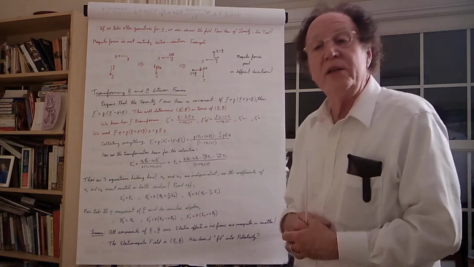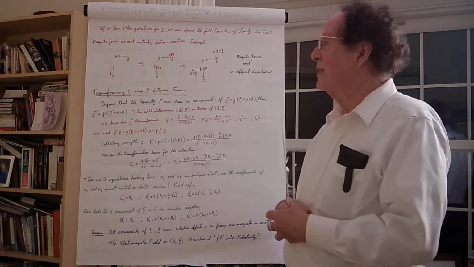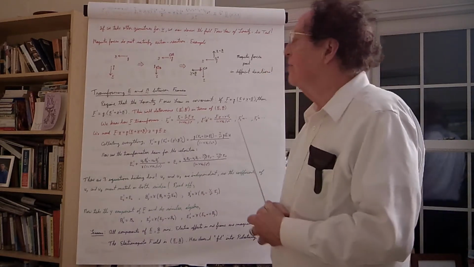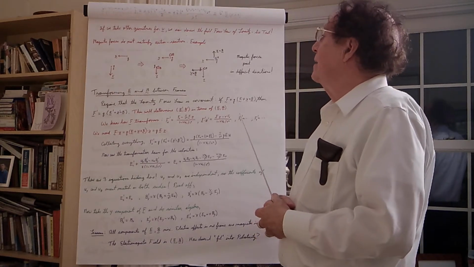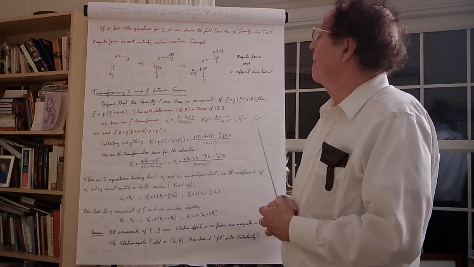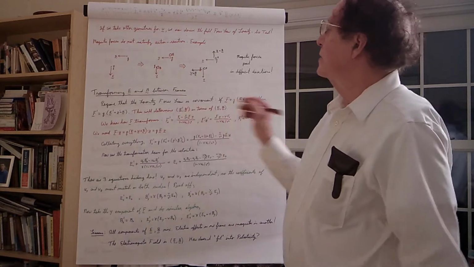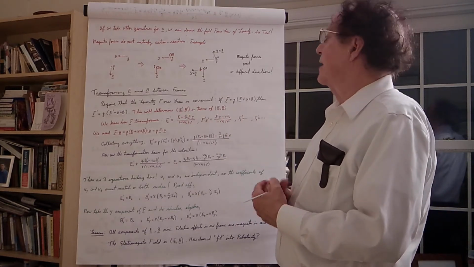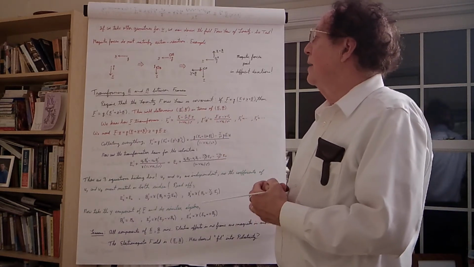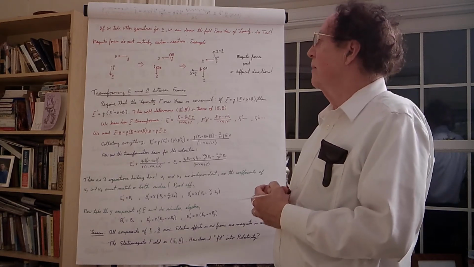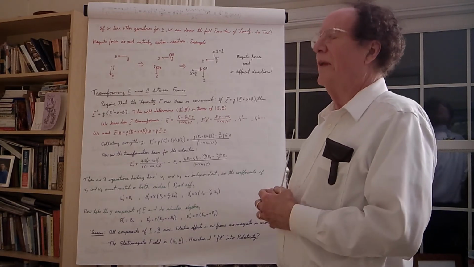We're doing transformations between instantaneous rest frames, and we can cover all cases that way. So in the next section of this lecture, we'll discuss the transformation of the electric and magnetic fields between frames.